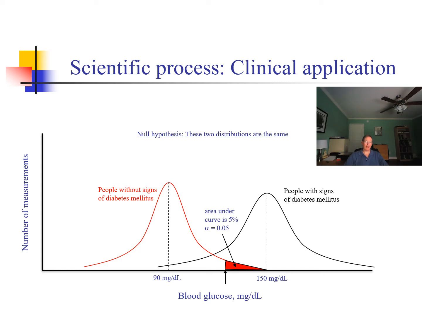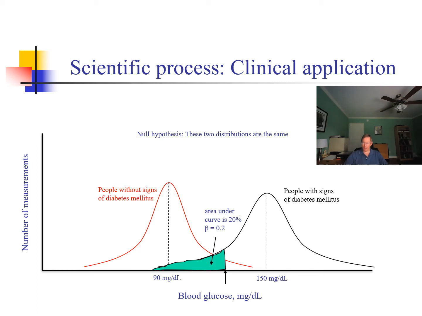I don't show you how to do them in this particular video, but when you do that, it turns out that for these numbers, it's 126 milligrams per deciliter. And that's currently what is used as our blood glucose diagnostic criteria.